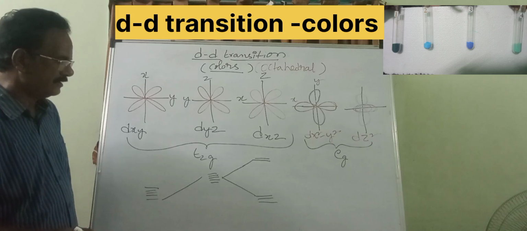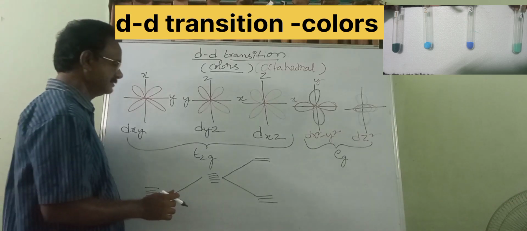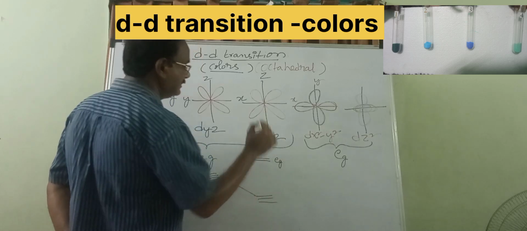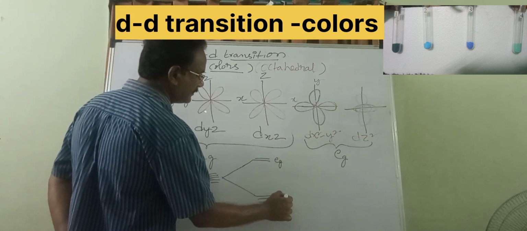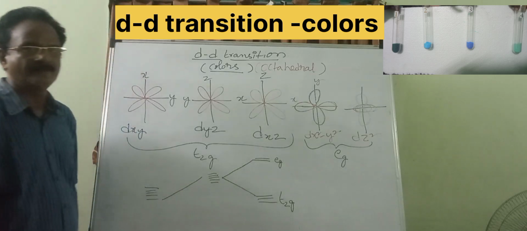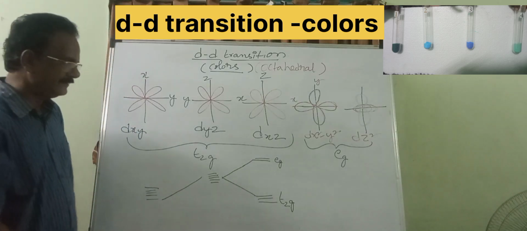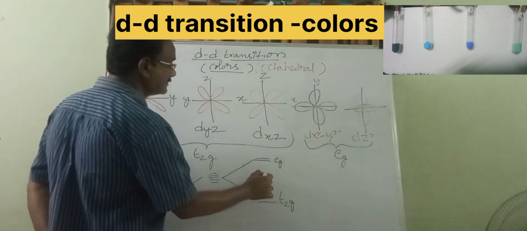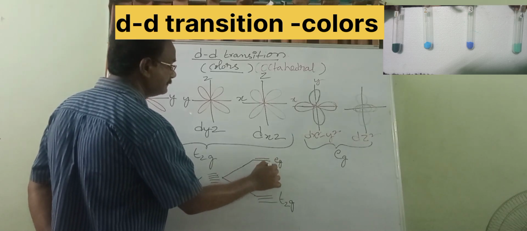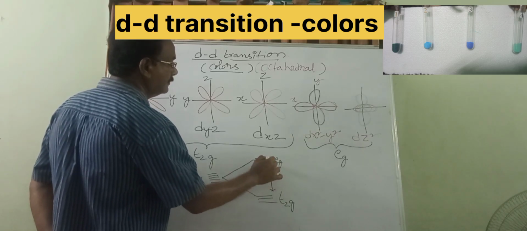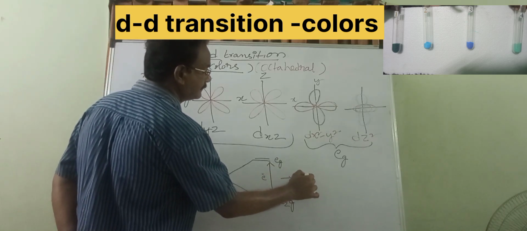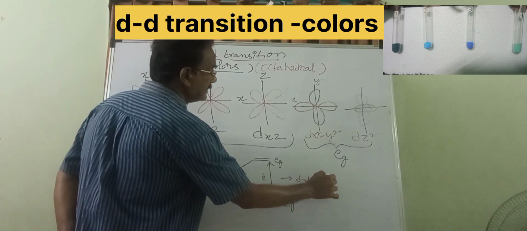See here, these orbitals are to be considered as Eg orbitals. These orbitals are to be considered as T2g orbitals. Okay. So if an electron transfers from one orbital to the other like this, then this is said to be d-d transition.